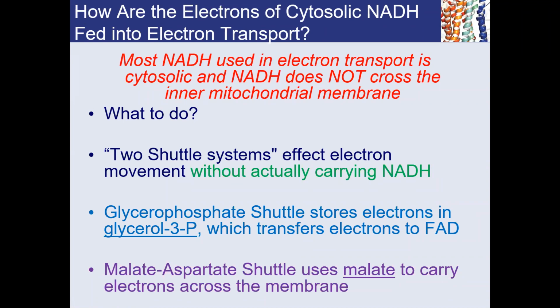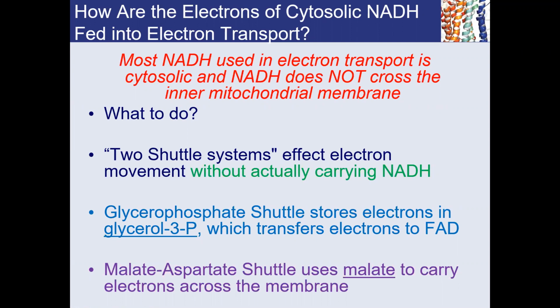And it turns out that NADH does not cross the inner mitochondrial membrane. It doesn't have any specialized transporter that will allow it to cross the inner mitochondrial membrane. Very curious problem.